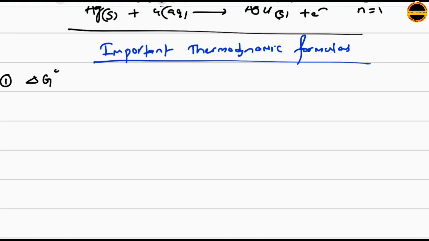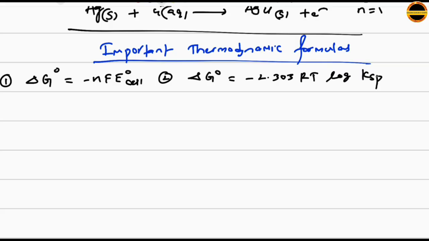Just list them out, recollecting thermodynamics: delta G naught is equal to minus nF E naught cell, and delta G naught is equal to minus 2.303 RT log KSP, the solubility product.